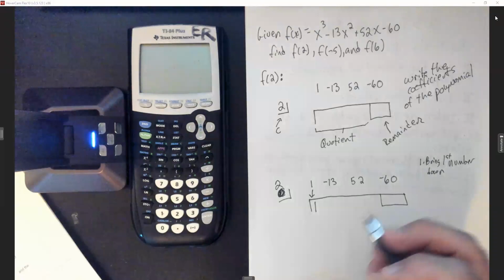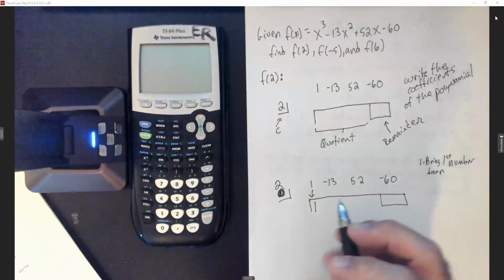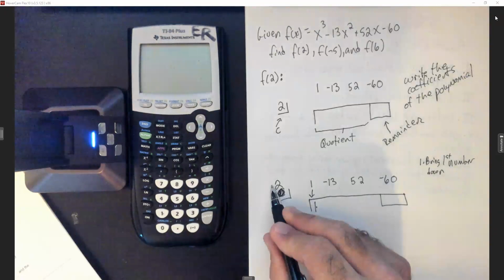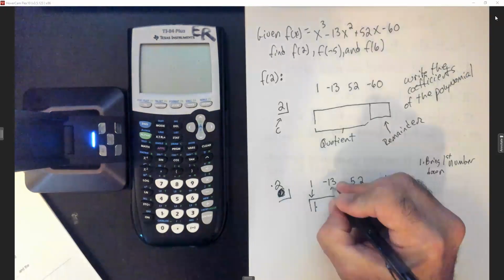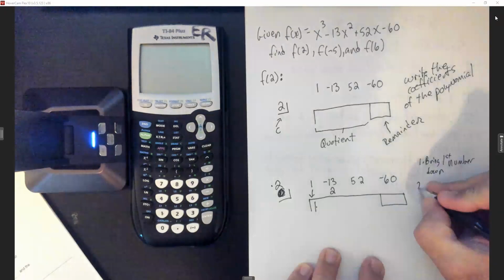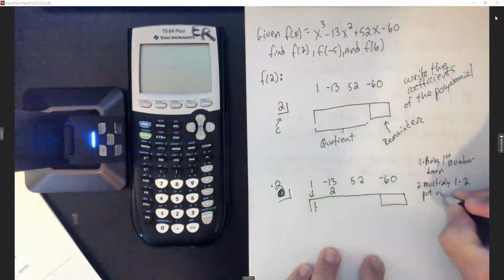So we need to get the next number that's going to be under the negative 13. To get that number, we take the number we brought down, multiply by the 2, and put that under the negative 13. So multiply 1 times 2 and then put under the negative 13.